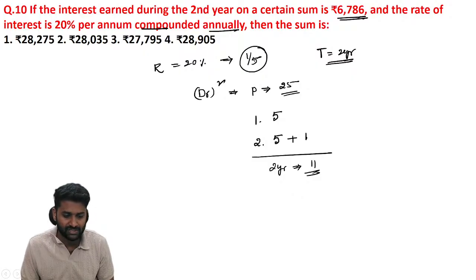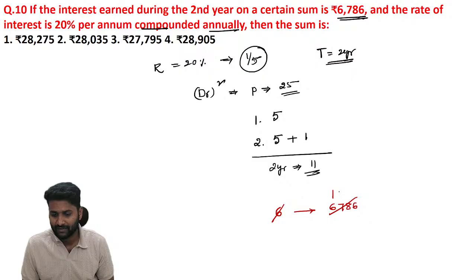But our question is completely different. For the second year, the amount is exactly equal to 6,786. Let's find each unit value. 6 1 times, 6 1 times, 6 9 times, 6 3 times. Each unit value is 1193.